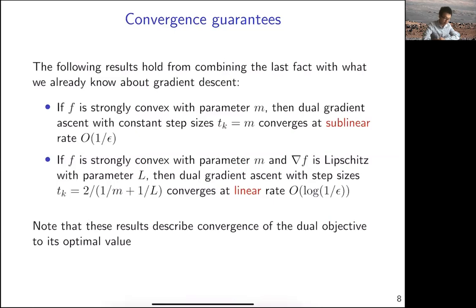So using the relationships that we had previously, we know that this will be L tilde and this will be M tilde on the dual, and then we can derive a linear rate with the coefficient being 1 minus L tilde M tilde, which is the same as, let's see, 1 minus 1 over L if you substitute M as 1 over L.